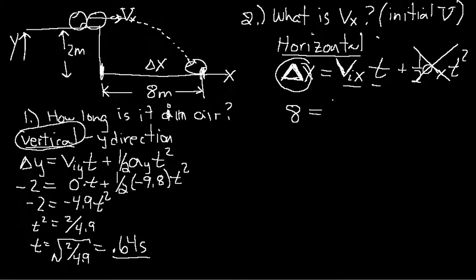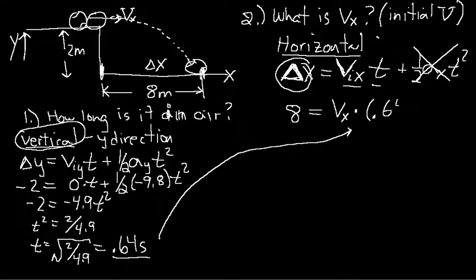That 8 is going to be equal to initial velocity in the x direction times the time. Well, what's the time? We calculated the time right here. So let's put that in, 0.64. And so we've got 8 is equal to velocity in the x times 0.64.